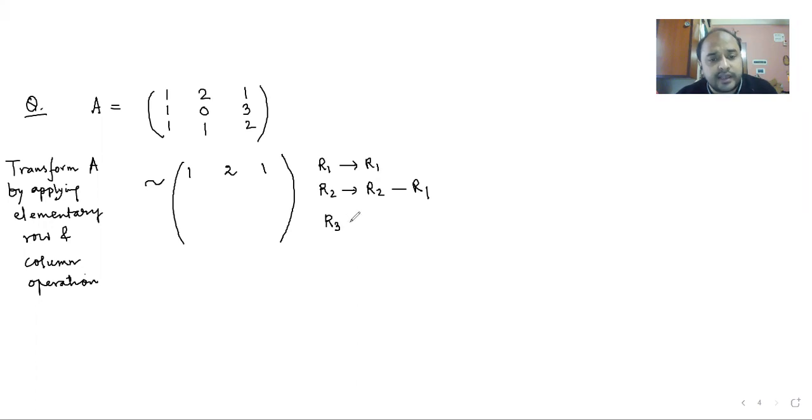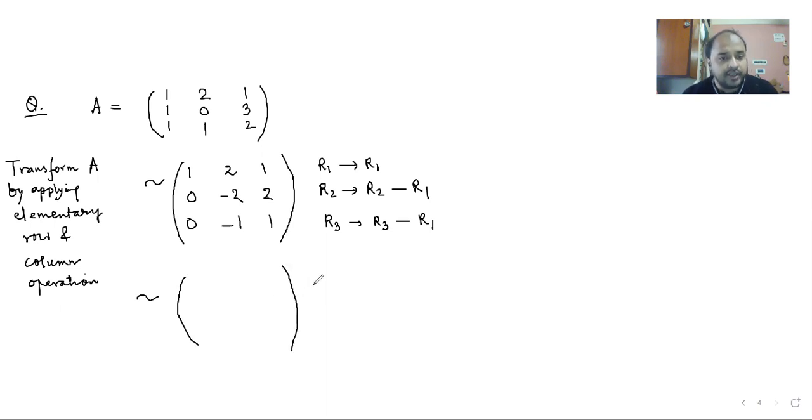And I am subtracting R1 from R3 also. So what do I get? I get 1 minus 1, 0, 0 minus 2, that is minus 2, and 3 minus 1, that is 2. And 1 minus 1, that is 0, and 1 minus 2, that is minus 1, and 2 minus 1, that is 1.